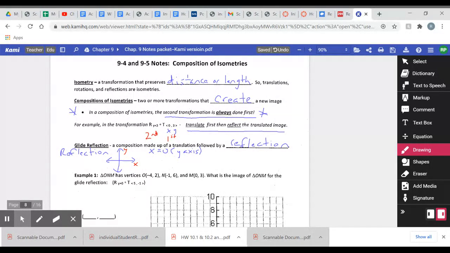Okay, which is also a hint that anytime the line says x equals a number, and that number could be 5 or 3 or -2, it doesn't matter, it is going to be a vertical line. And don't forget, vertical is like an up and down line.